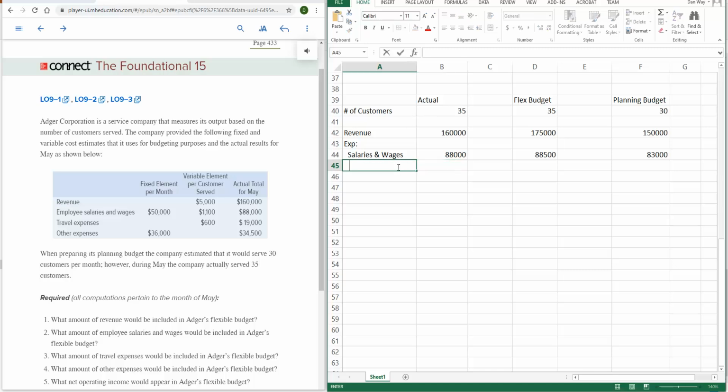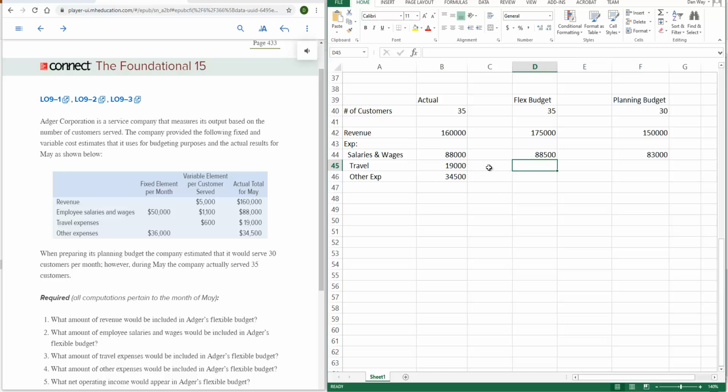The next expense was travel, and then we'll go ahead and note the other expenses as well. And let's just go ahead and fill those in even if we get out of order here. So the actual travel expense for May was $19,000. Other was $34,500. Now travel we can see is entirely variable, $600 per customer served.